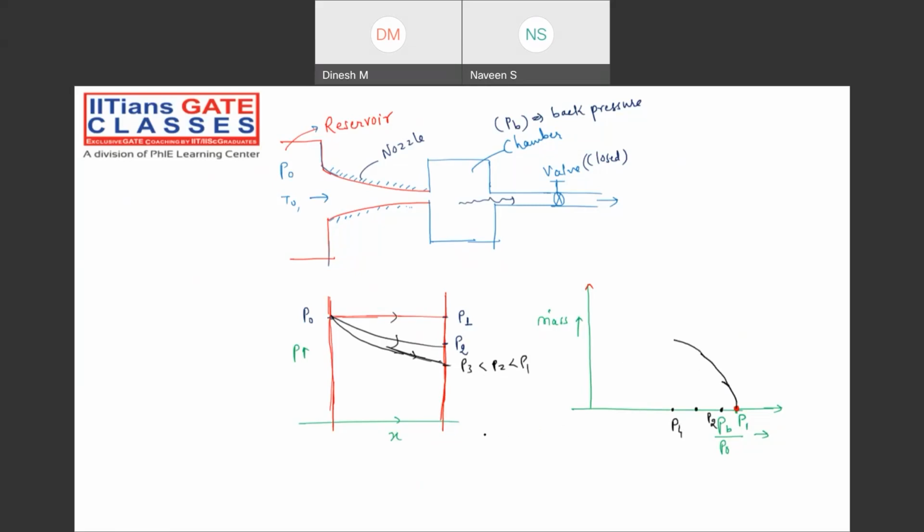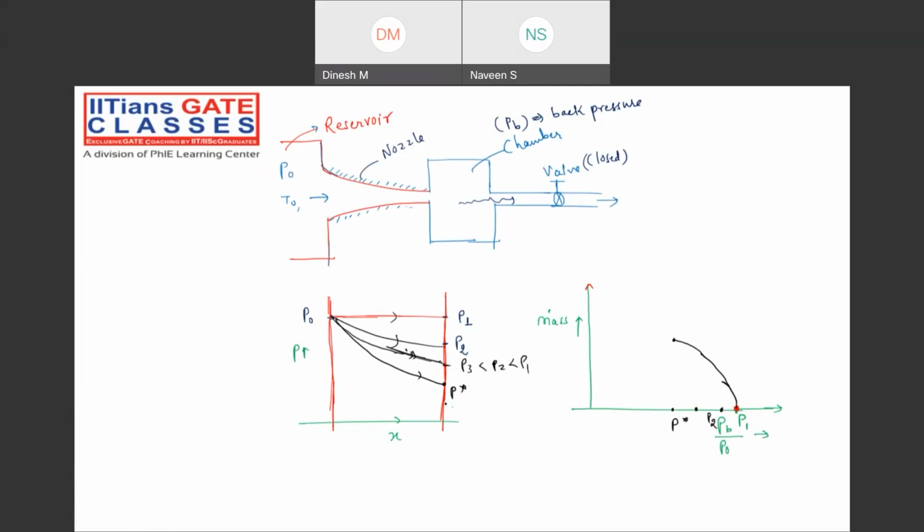But there is one pressure that will come. That pressure will be called P star. Even after reaching the value of P star, let me call this P star only, not P4. The moment the back pressure reaches P star, the mass flow rate will be maximum.